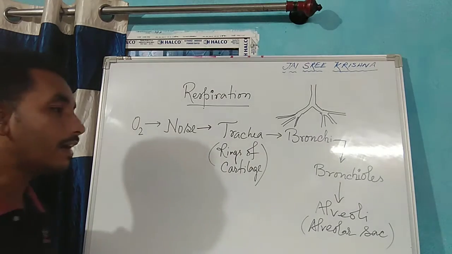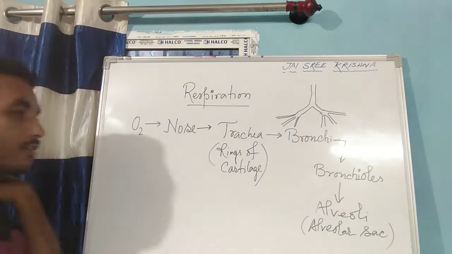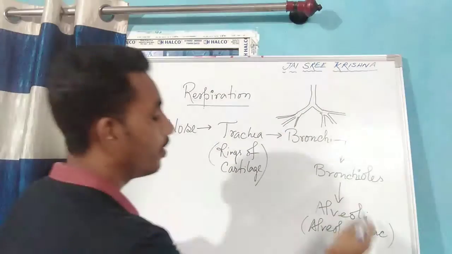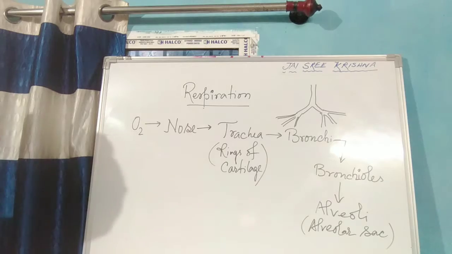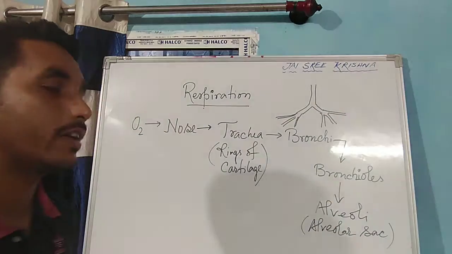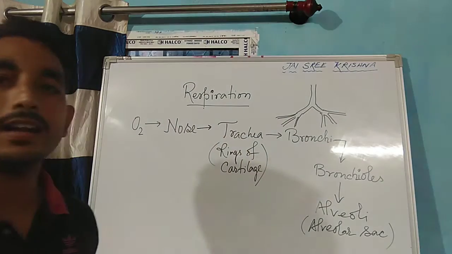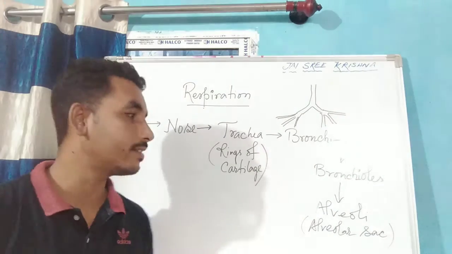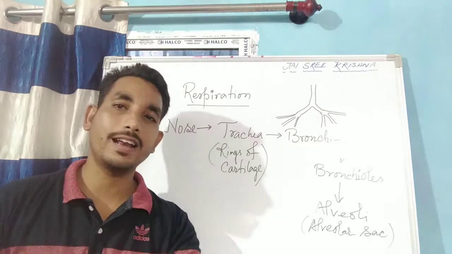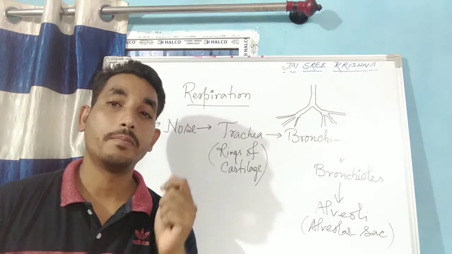The main exchange of gases, of oxygen and carbon dioxide, takes place in the alveoli. When the oxygen reaches the alveoli, which are connected to blood vessels, they are rich in blood vessels where oxygen gets connected with the blood.